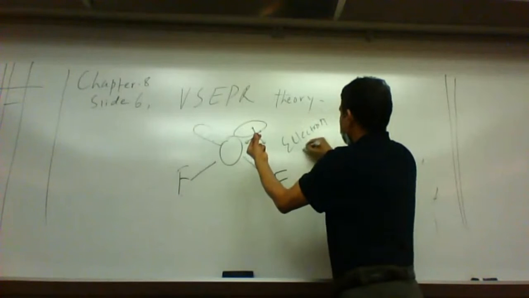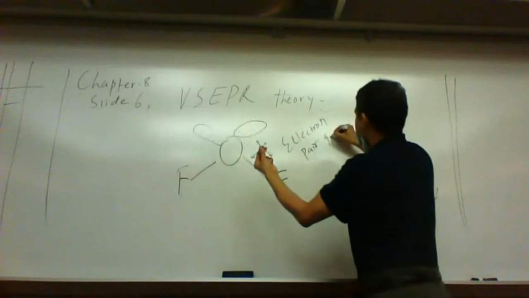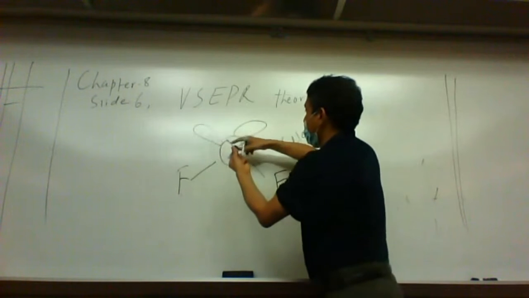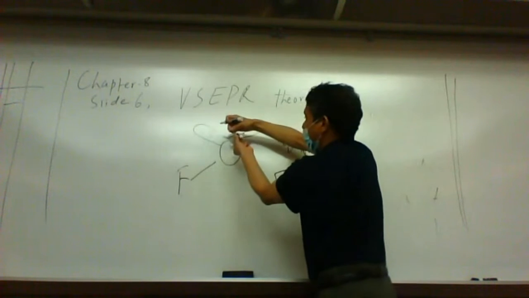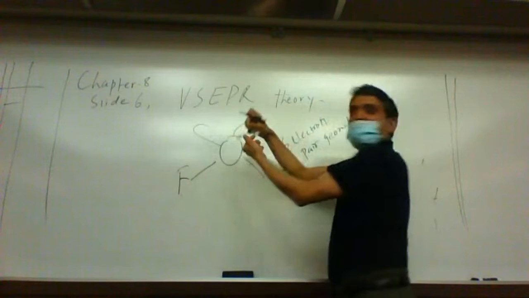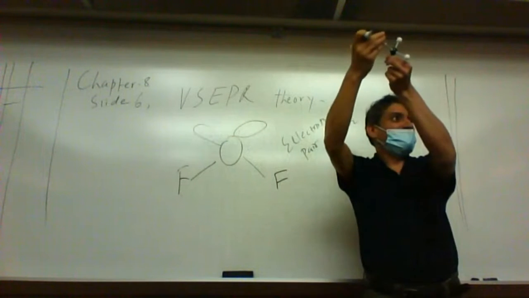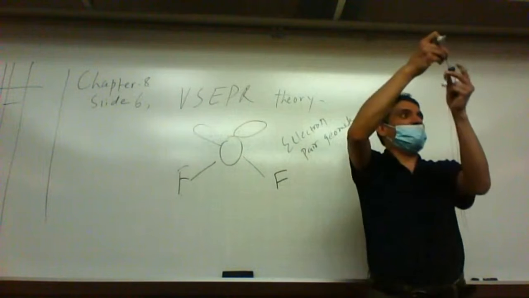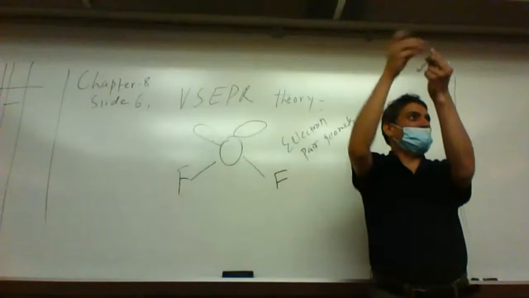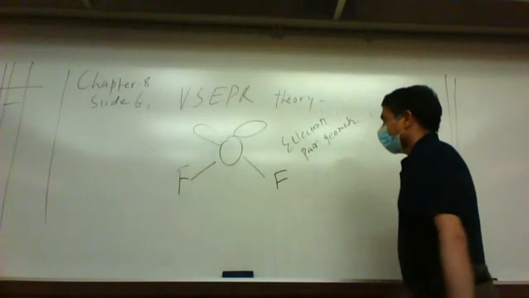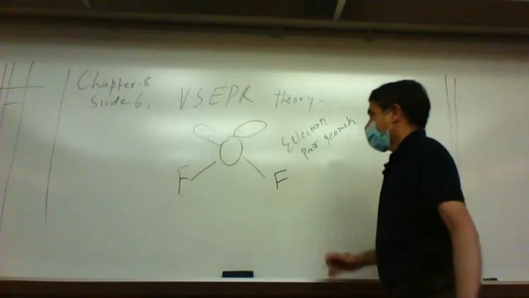Electron pair geometry is 1 pair here, 1 pair here. So this is this one, this is this one, this is this one, and this is this one. Yeah. So the electron pair geometry is a tetrahedron. Make sense? There is no atom here, there is no atom here, but there are 2 electrons, there are 2 electrons, but there are atoms here. Make sense? Good.